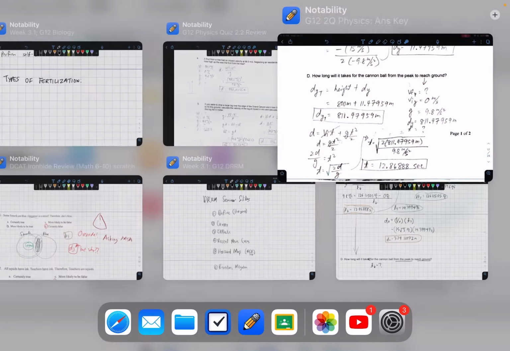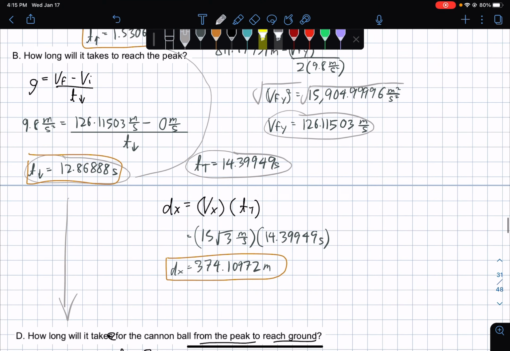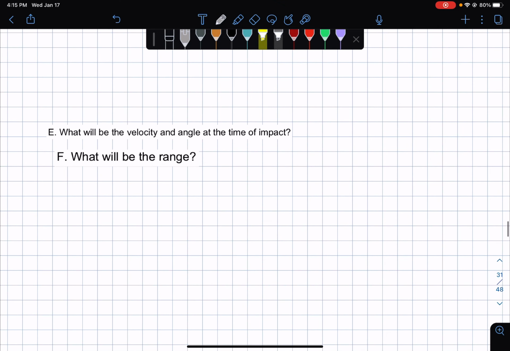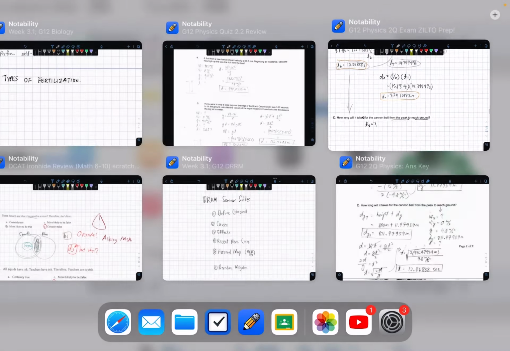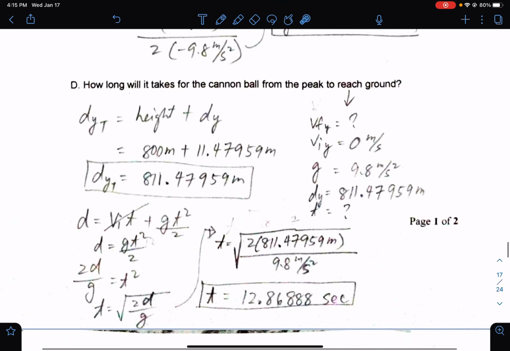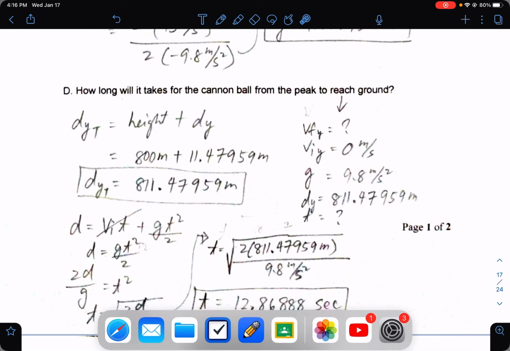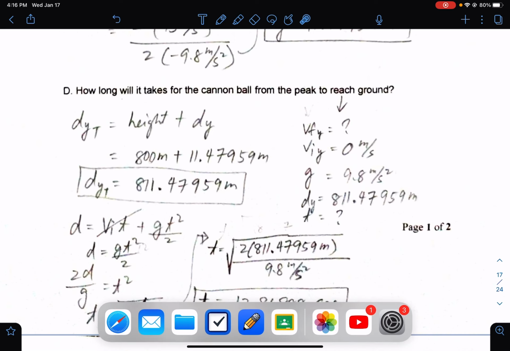And the dy. What is dy? Wait. So the distance was calculated, like the total distance going down. Sorry, no. The total distance going down is basically the same as the total distance in the vertical aspect.